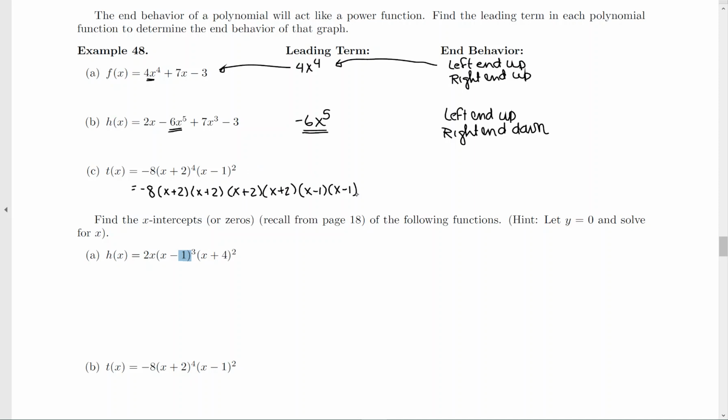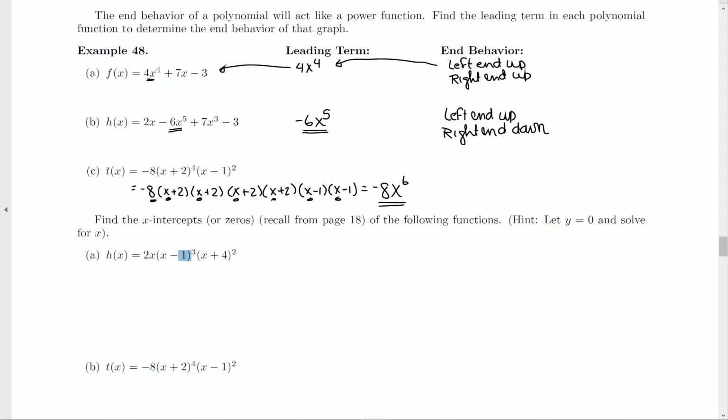If I multiply all of the leading terms in each of the factors together, I'm going to have negative 8 times x times x times x times x times x times x, or negative 8x to the sixth, 1, 2, 3, 4, 5, 6 power. That would be my leading term if I were to multiply all of this out.